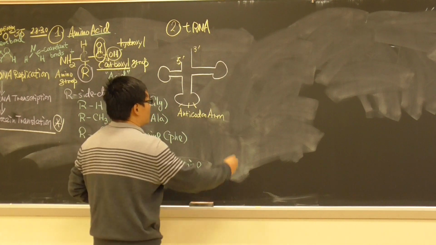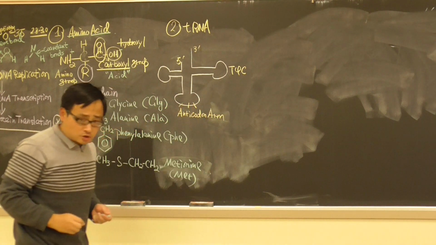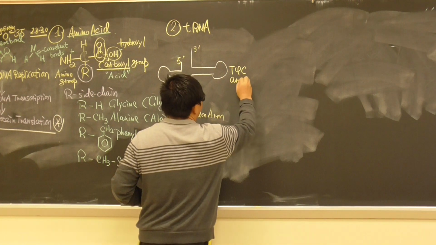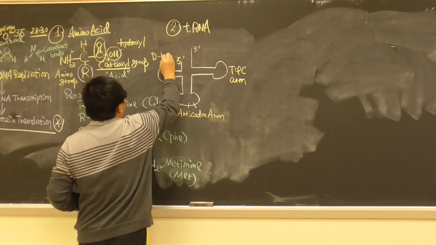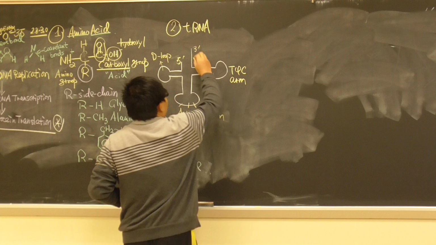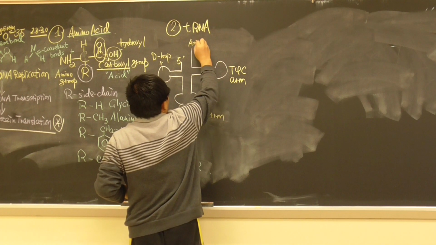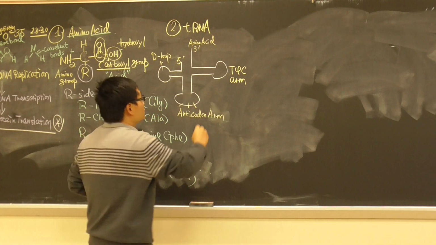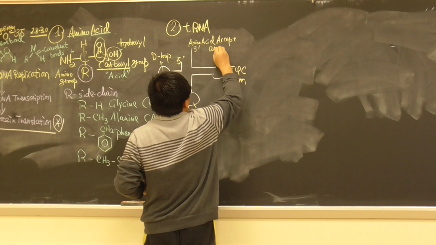This side always has some very weird, strange gene bases. Let's say this is the T theta C arm. This side we call the D loop, or D arm. How about this side? Usually it will be connected to an amino acid. We're going to talk about detail later on. This is called the amino acid accept arm.